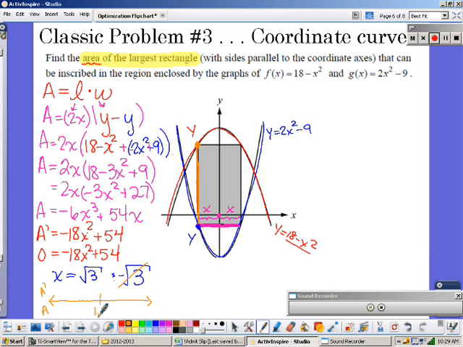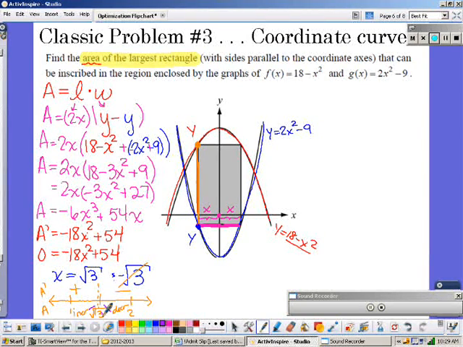Root 3 is between 1 and 2. If I look just to the left, my derivative is positive. Just to the right, my derivative is negative. I'm going to fully label it. And yep, it does look like I have a max at root 3.